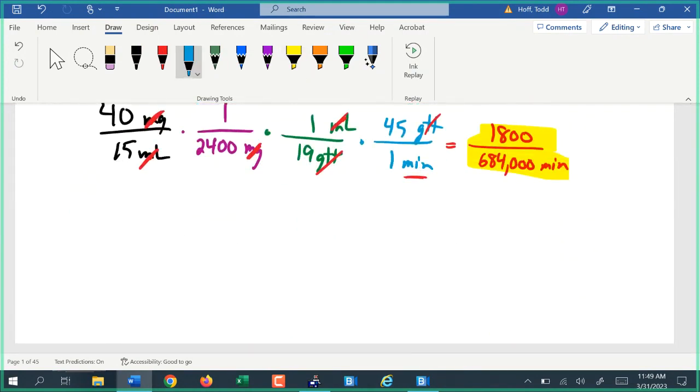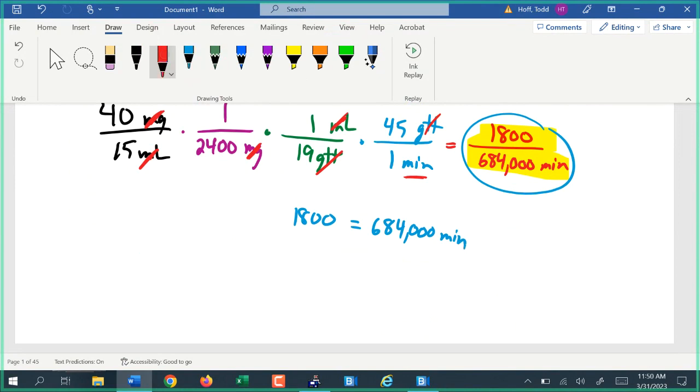Remember, we said that what we're dealing with here is rates. What this is saying is that 1,800, whatever, there's no units there, is equivalent to 684,000 minutes. So I could either have the 1,800 over the 684,000 minutes, or we could do the reciprocal.